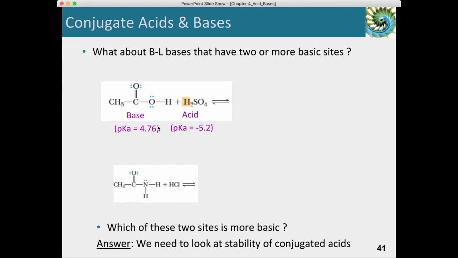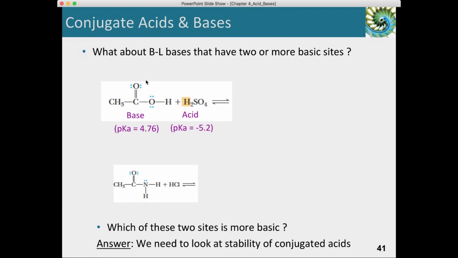Structurally, what should a molecule have to act as a Lewis base? Basically, it must have heteroatoms with electrons. Remember, a Lewis base is a species that can donate electrons to form a new covalent bond. We have two oxygen atoms here with electron pairs.